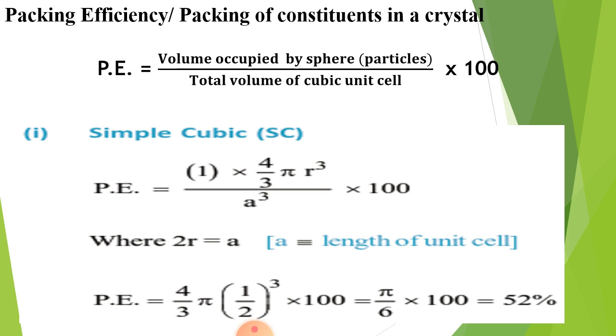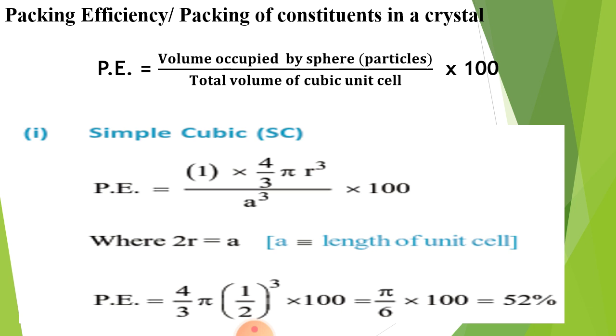Packing efficiency is equal to volume of one atom. Here the atoms are spheres, that's why we take the volume of a sphere, 4/3 pi r cube. As the number of atoms is 1, we multiply by 1 and divide by the volume of the cubic unit cell.